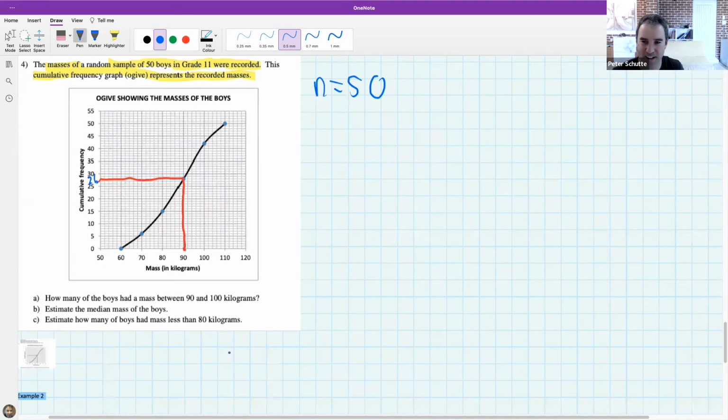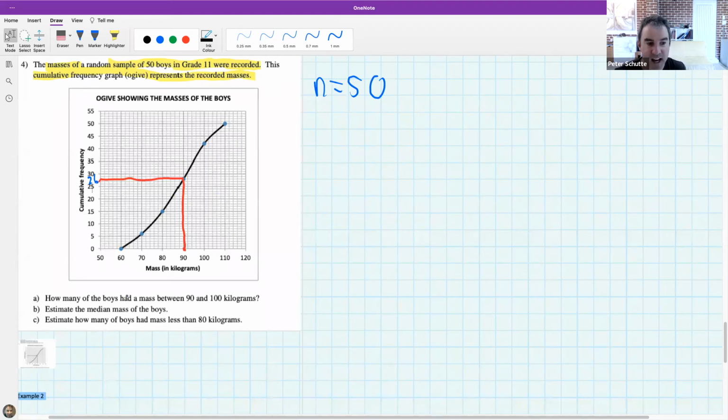I see a bonga, great minds think alike. Indeed. If I connect the 90 as the mass and 26 as the cumulative frequency, who would like to tell me in words what that actually means?